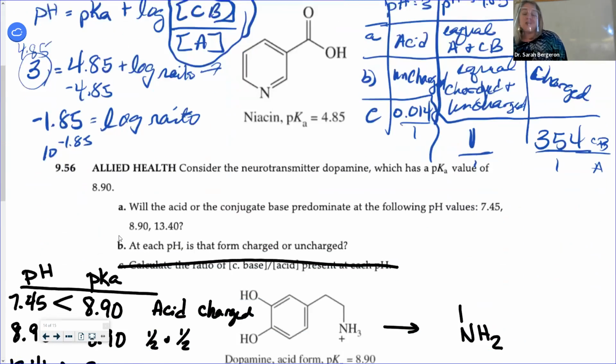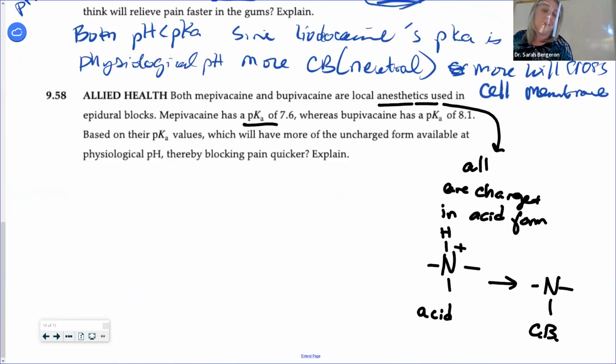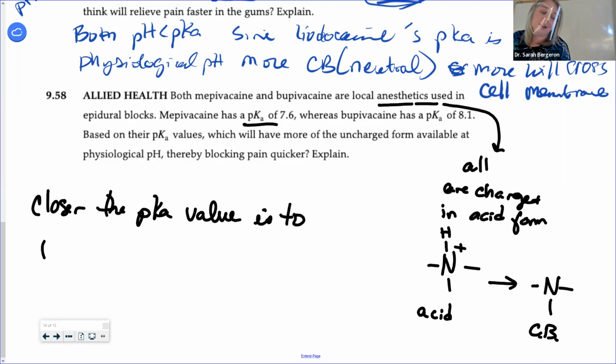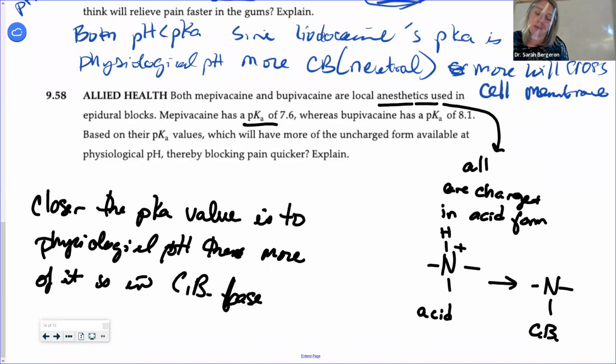Okay, so the closer your drug's pKa value is to physiological pH, the more of it is in the conjugate base form, which is neutral, which will pass through the membrane, right?